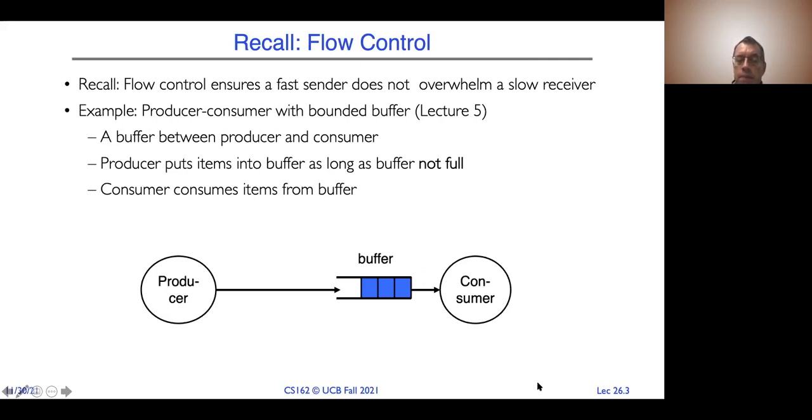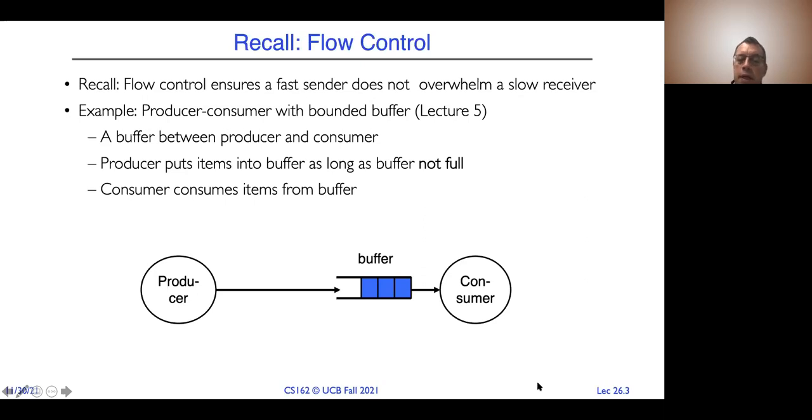So this implements a natural form of flow control, because if the consumer cannot consume as fast as the producer inserts items into the buffer, the buffer will get filled, and when the buffer is full, the producer can no longer add new items in the buffer.